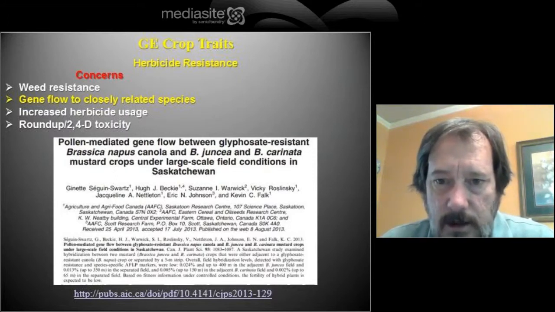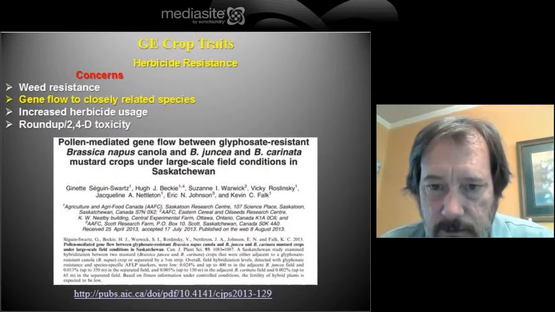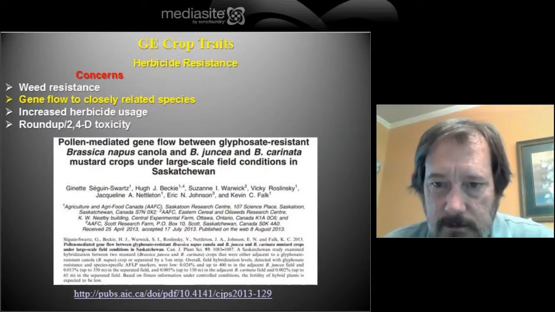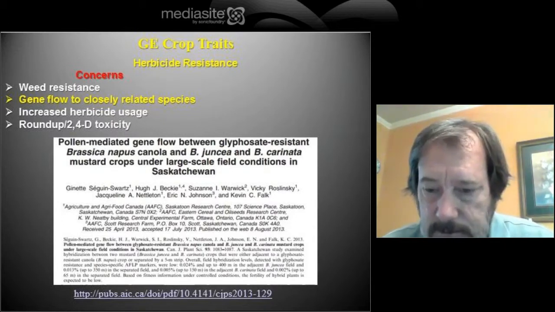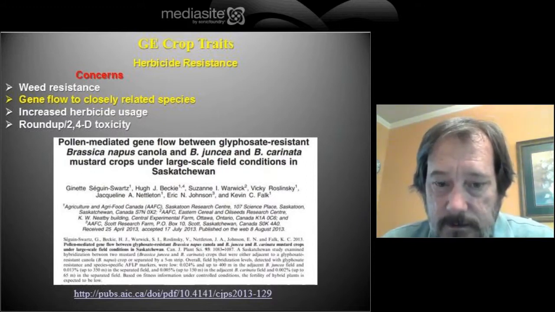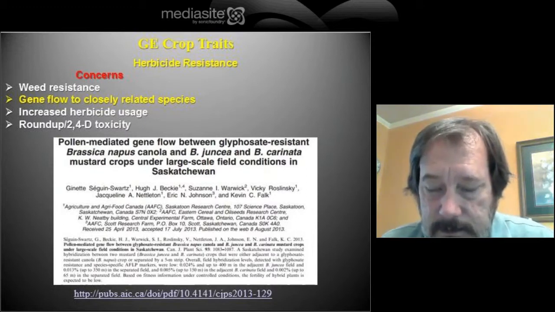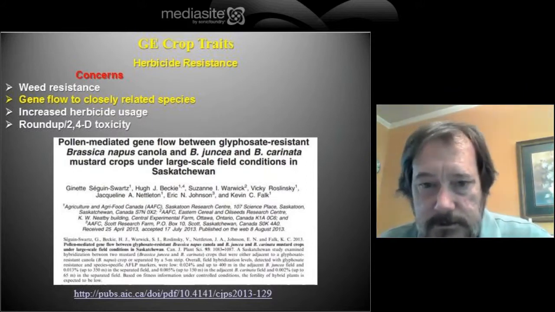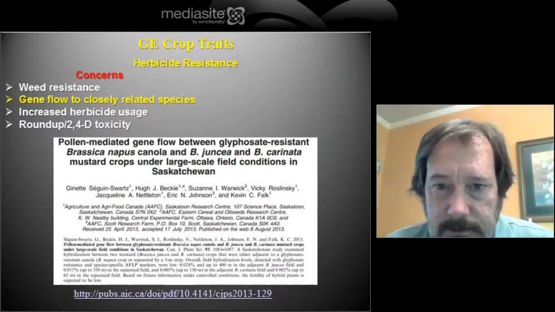Certainly with canola, there are a lot of closely related species, so we knew that the likelihood of that happening was higher than probably most crops. But we look at the resulting crosses to see what the risk is. Are the crosses going to be more fit? Are they going to be able to have an ecological advantage where they might proliferate? In this case, they actually found that there was some fitness penalty associated with these crosses. But that's certainly a concern that some people have.